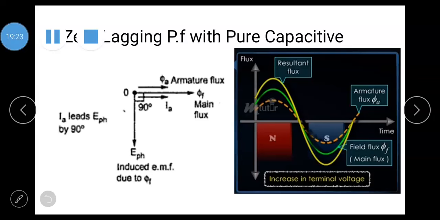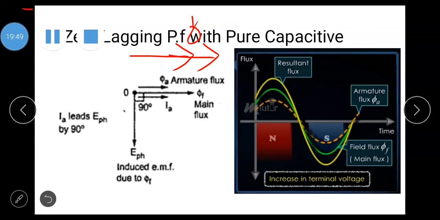The induced EMF E phase lags the main flux by 90 degrees. As you know, for a pure capacitive load, the current leads the induced EMF. So that means the current here is flowing in this direction, and the flux is also in the same direction.